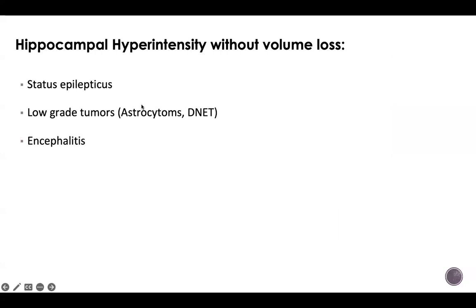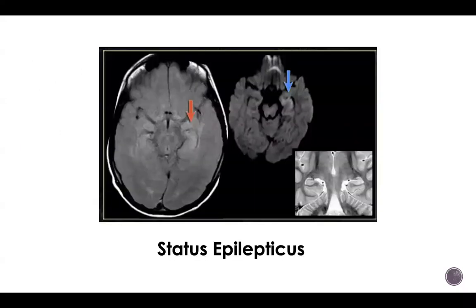There are other conditions in which hippocampal hyperintensities are seen in T2 and FLAIR sequences, but without volume loss. The differential diagnosis of these would be status epilepticus, low-grade tumors such as astrocytomas and DNET, as well as encephalitis, which could mimic MTS.